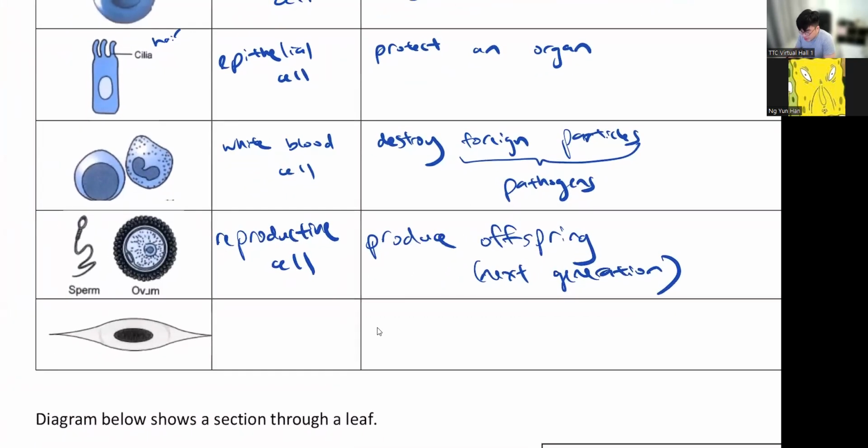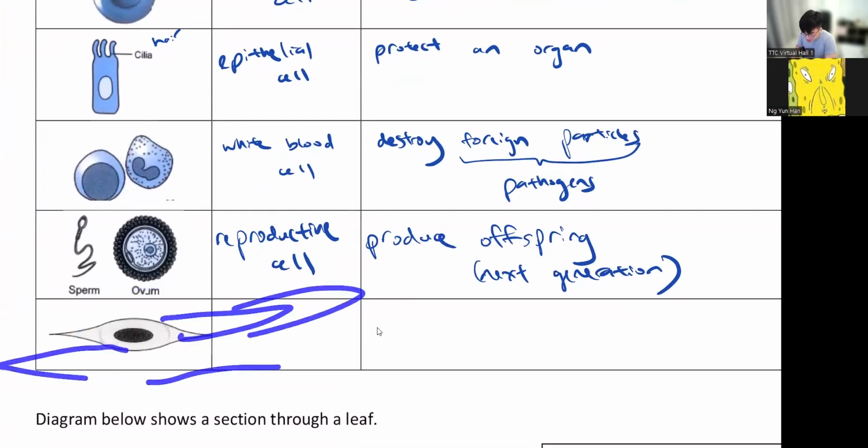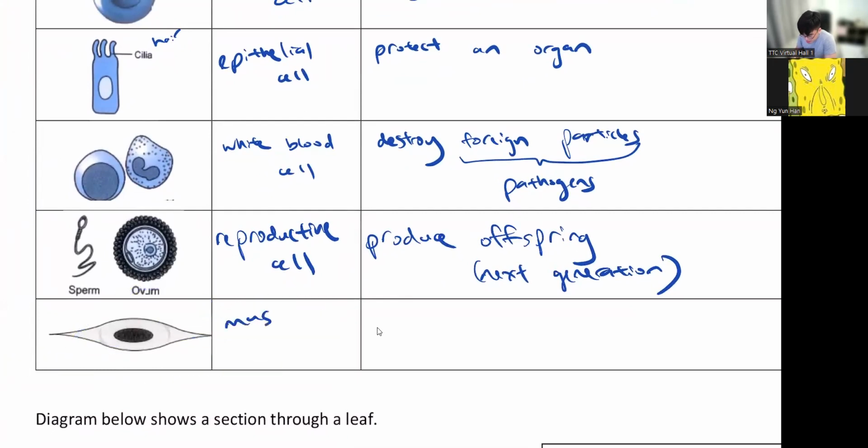And then the last one, what is this? If you have millions and millions of this, this is your muscle cell. Okay, your muscle cell. So what's their function? This is to produce movement. All right. The thing about muscle cells is they can contract and relax. They can move.